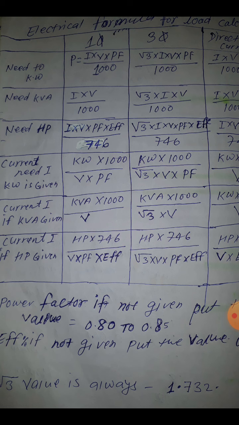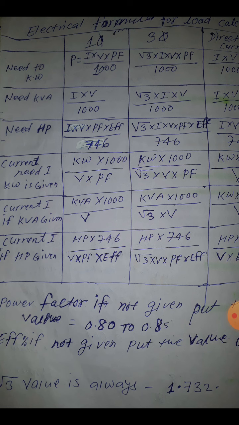For power factor, most motor nameplates give the power factor, so you can check the nameplate. If the power factor is not given, you can put a direct value of 0.80.